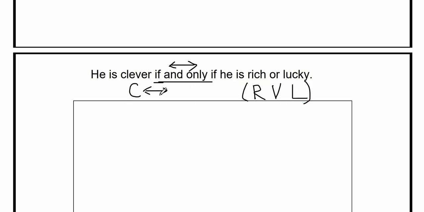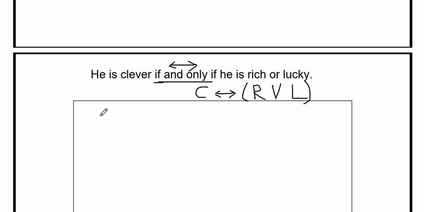So this will be the entire symbolic form. This will come here nearby, so I can just erase this. My bad. Okay, so it will be a bidirectional arrow. He is clever if and only if, this is how we read it, if and only if he is rich or he is lucky.